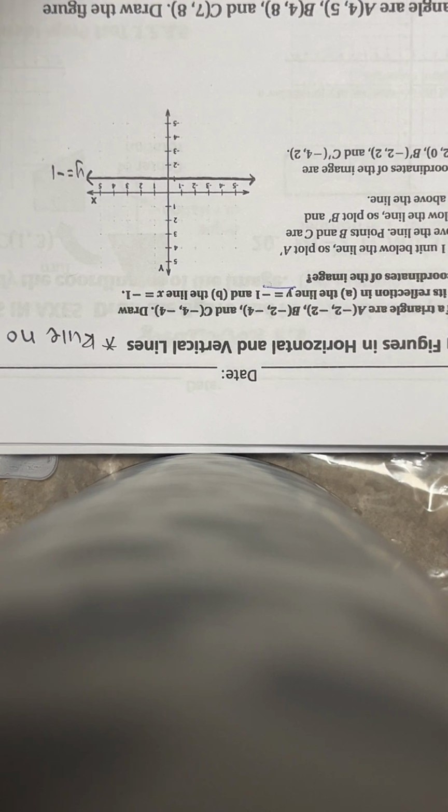But now what we're doing is we are counting how far each of these points is away from the line, and we're going to keep them the same distance but put them on the opposite side, okay? So let's look at the first one, and then we're also going to be reflecting it across a different line, which I have over here for you, okay? So this kind of is already guiding you to what's going on. So we need to plot the points.